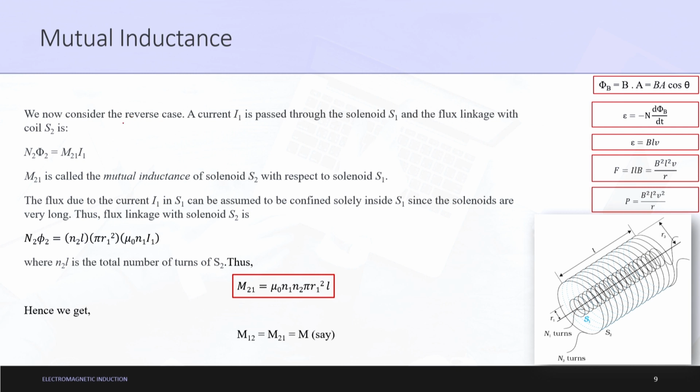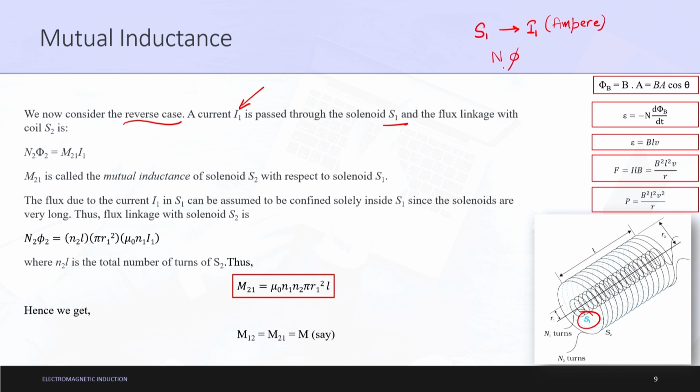So now let us consider the reverse case. A current I1 is passed through solenoid S1, which is shown here for your reference. Any current which passes through S1 we denote by the same sign. The current I1 is in amperes, and please remember that flux linkage is nothing but N into phi.